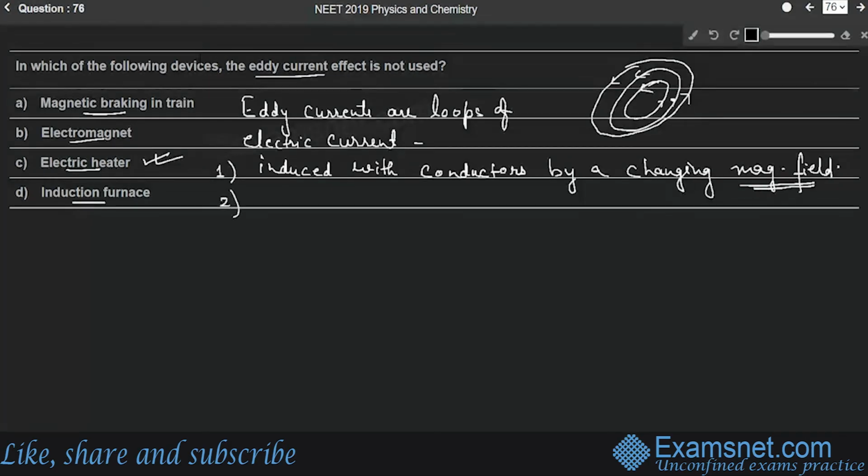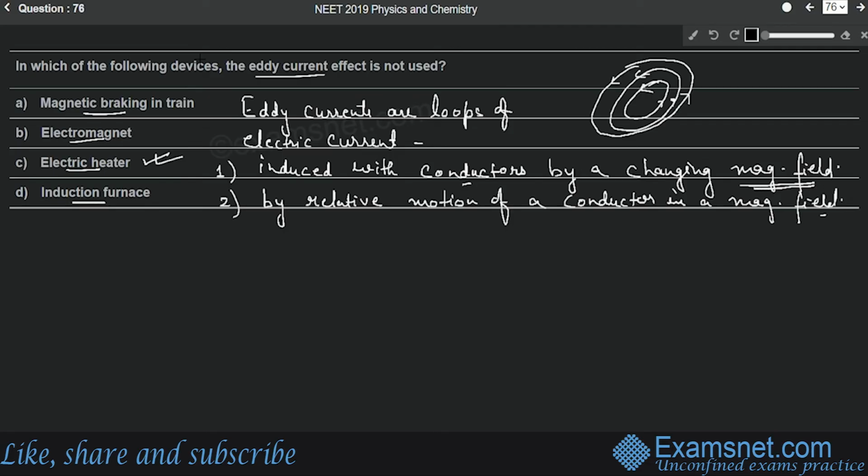Similarly, if there is motion of a conductor, then also eddy currents can be induced. So these can also be induced by relative motion of a conductor in a magnetic field. So you can see that both the electric field or current as well as the magnetic field are required here.